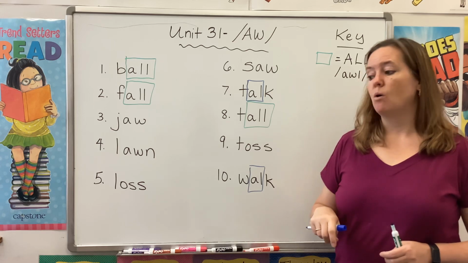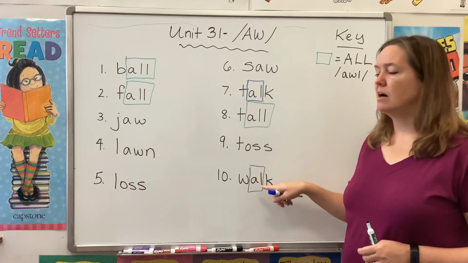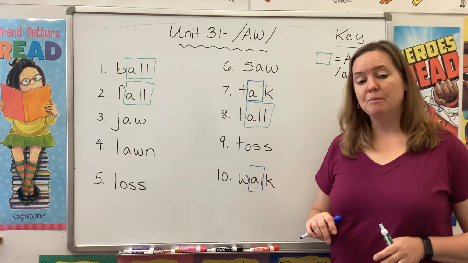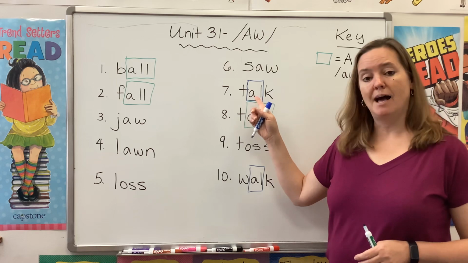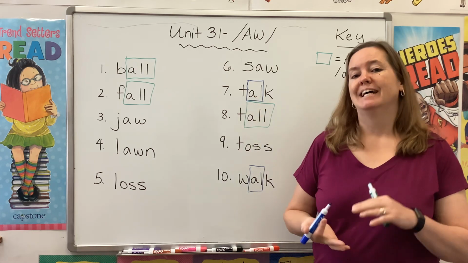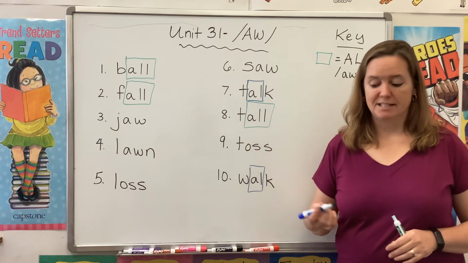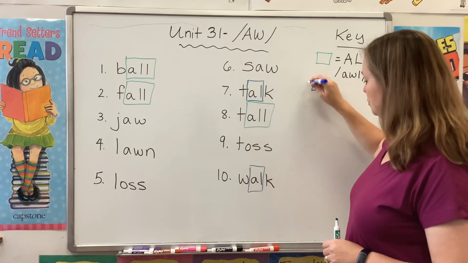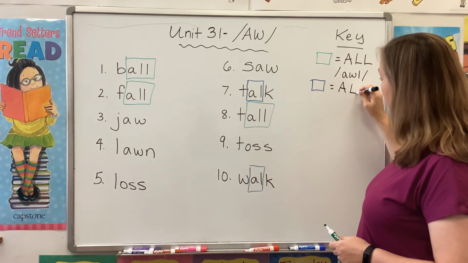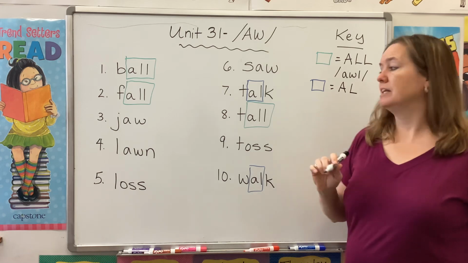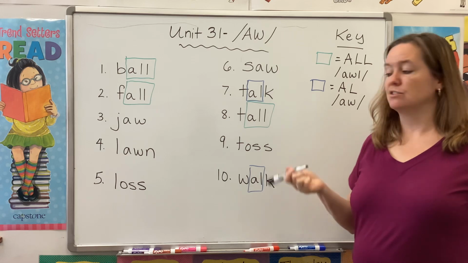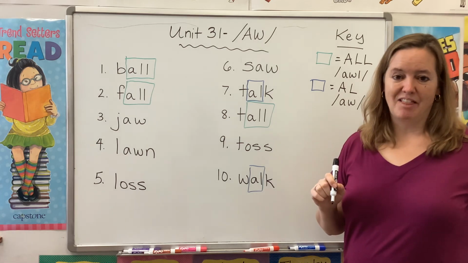Same thing with the word walk. W, aw, k. We don't hear that L sound, okay? This is another good pattern to learn because not only will it help you spell talk and walk, it'll help you with chalk and stalk and some other words as well. So, blue box equals A-L, and that's going to make just the aw sound. There's no l at the end of that.